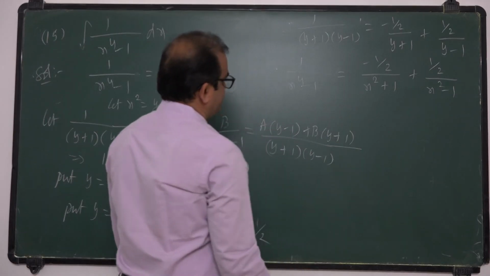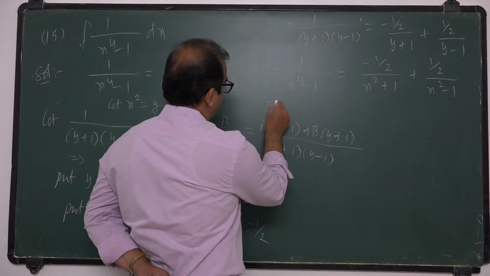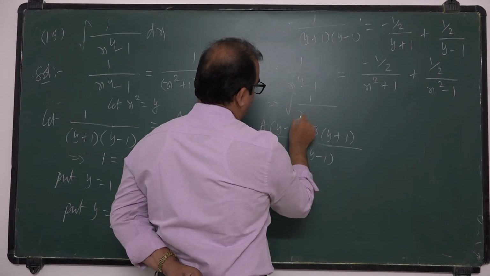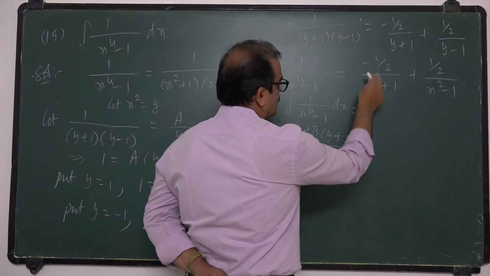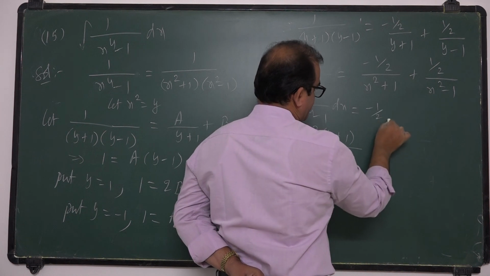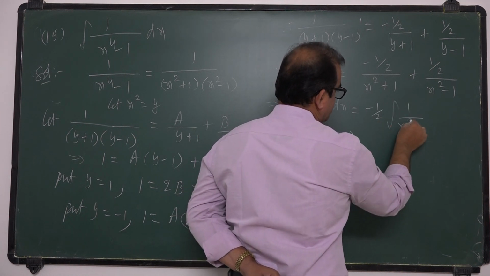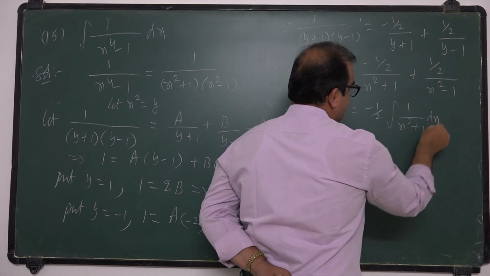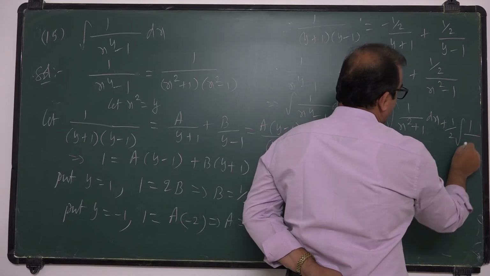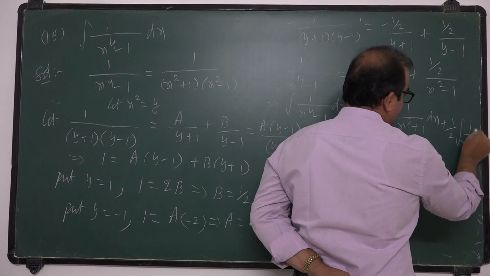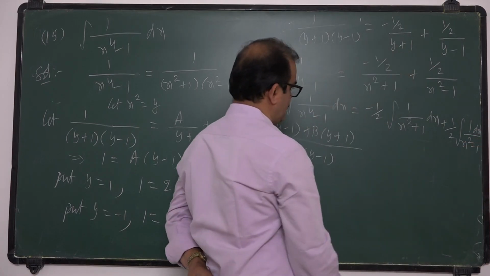Now integrate. Integrate separately: minus 1 by 2 into integral 1 by (x square plus 1) dx plus 1 by 2 into integral 1 by (x square minus 1) dx.